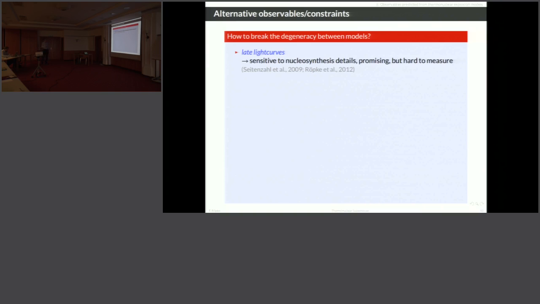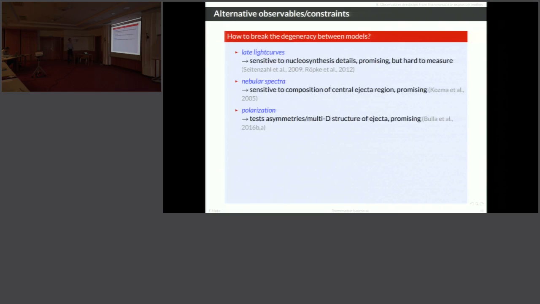This is sensitive to nucleosynthesis details and quite promising, but hard to measure because you would need to have the bolometric light curve at 1,000 days after explosion. And this is very hard to get because it's not clear that all the flux is in the optical, which is already hard to get. You may actually have flux in the infrared, which is impossible to get for these faint objects. So this is afflicted with uncertainties. But in principle, theoretically, it's a promising way of distinguishing between models.